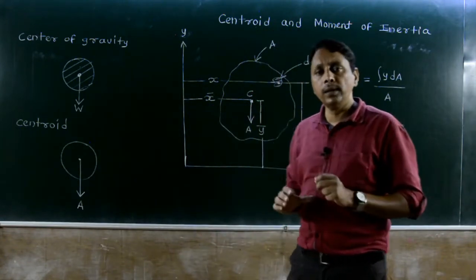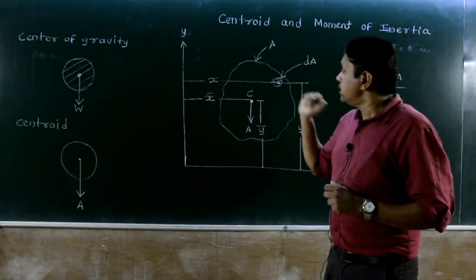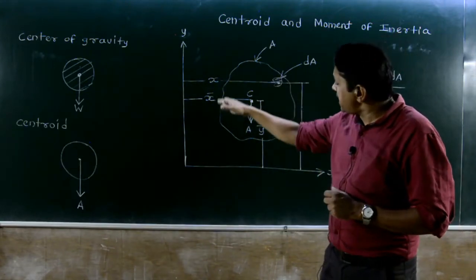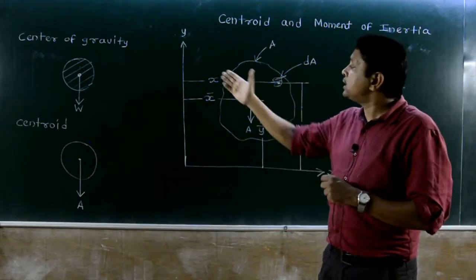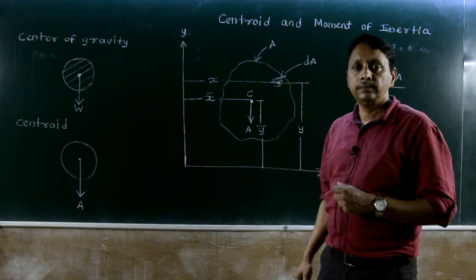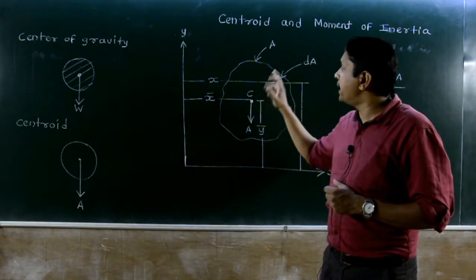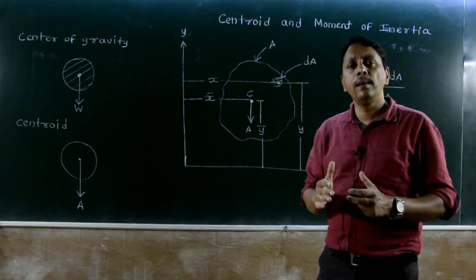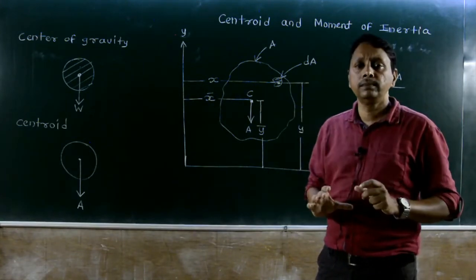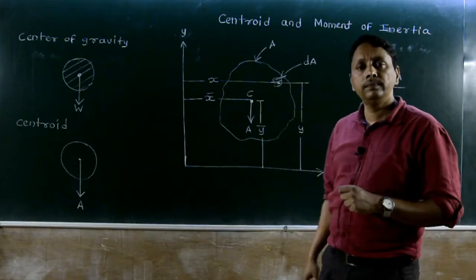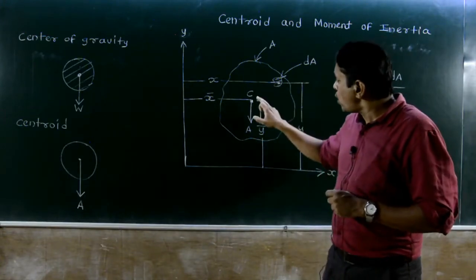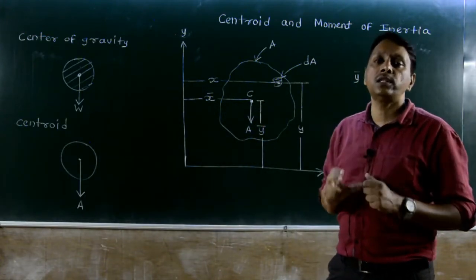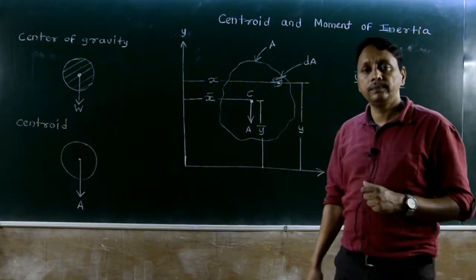So for that purpose, consider this as any area in the xy plane, and this is the centroid of that area. That area may be a rectangle, a triangle, or a semicircle, in the xy plane. We have to locate the centroid of this plane figure.